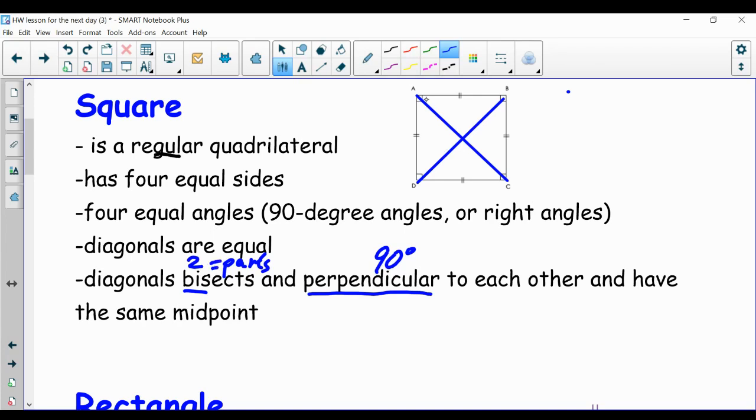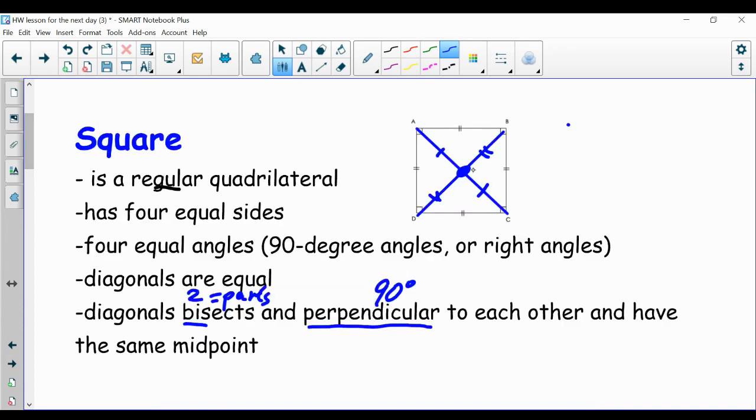So that means AC bisects into two equal parts and BD bisects into two equal parts. And the point where they intersect is the midpoint. And perpendicular to each other means they make a 90 degree angle here. I'm drawing the little box there. They are perpendicular to each other.